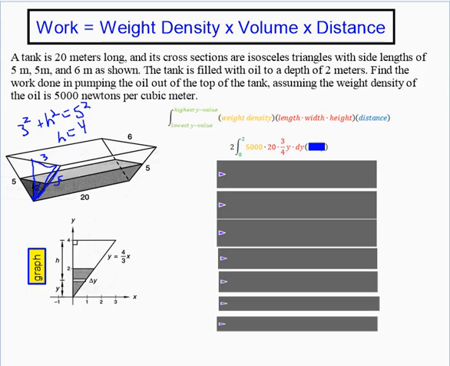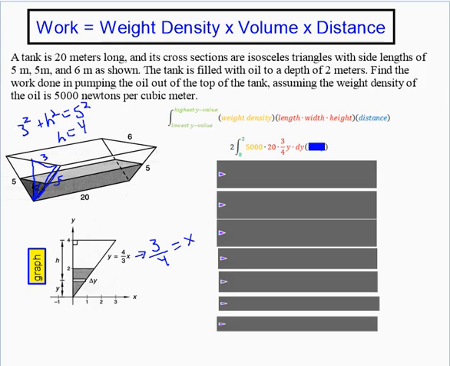This is y equals 4/3 x, so we want to go ahead and solve this for x. So solving this for x, we multiply both sides by 3/4. So we get that 3/4 y is equal to x. And so x is our width. So we put 3/4 y in there.